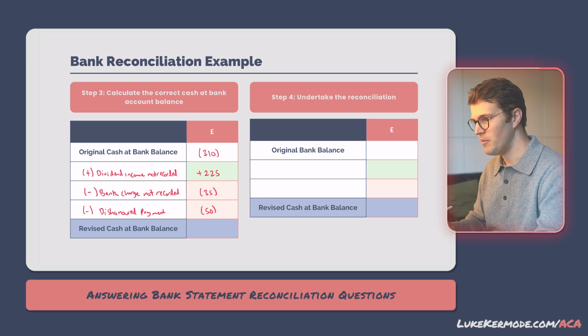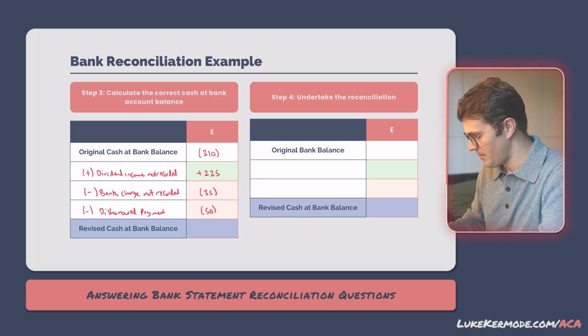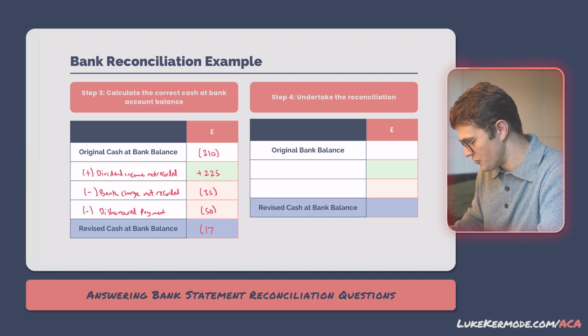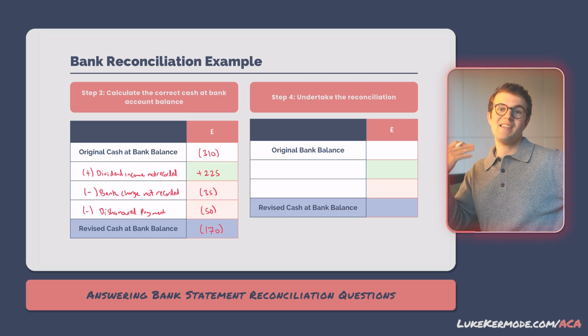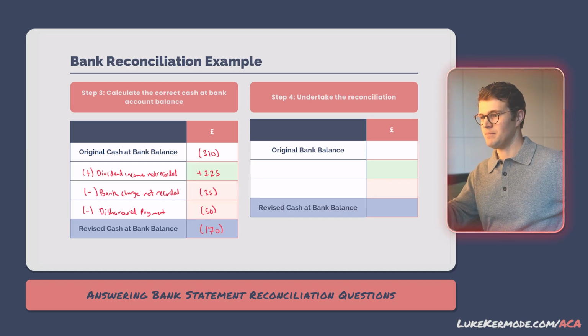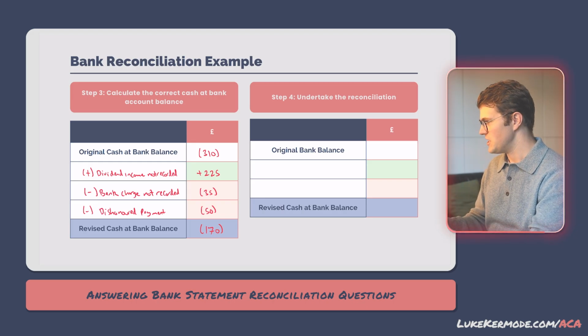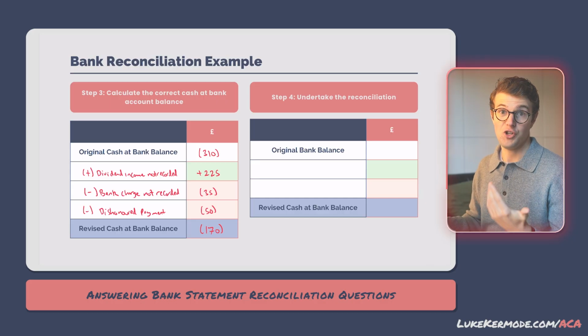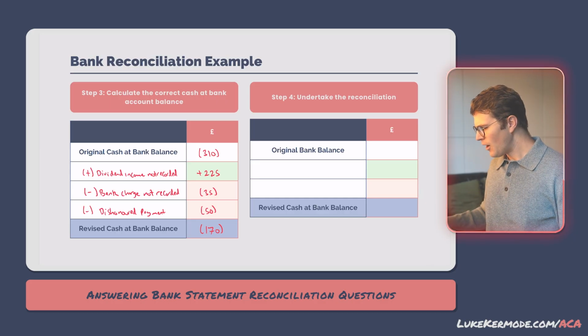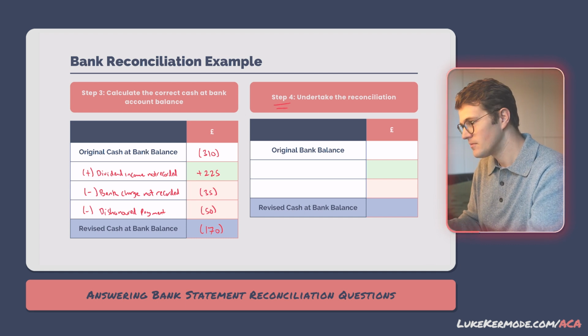So if we sum up this column, we have a revised cash at bank account balance of negative £170. So the business is actually in overdraft of £170. That negative £170 is the correct cash at bank account balance, which needs to be included in the company's balance sheet. Now we can undertake our bank reconciliation in step 4.